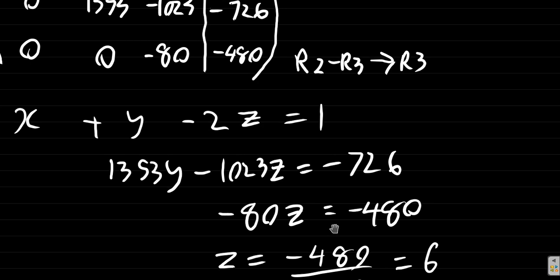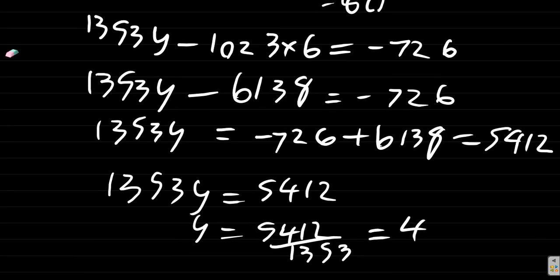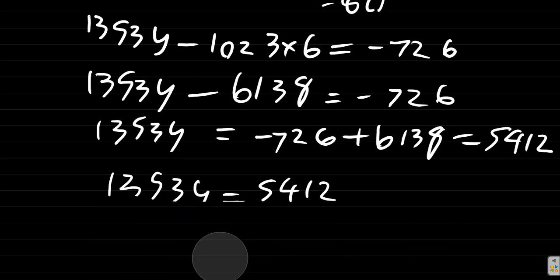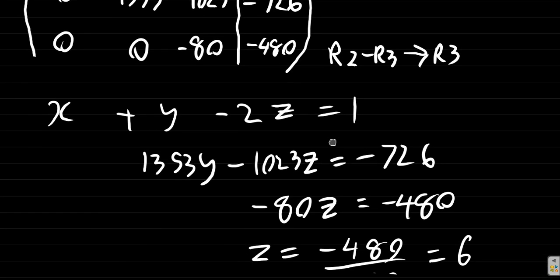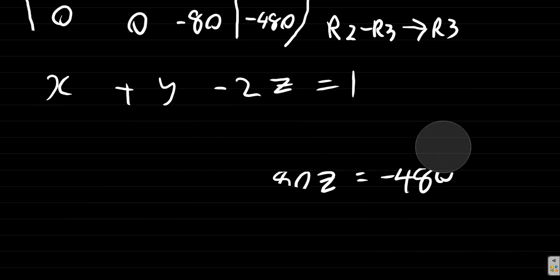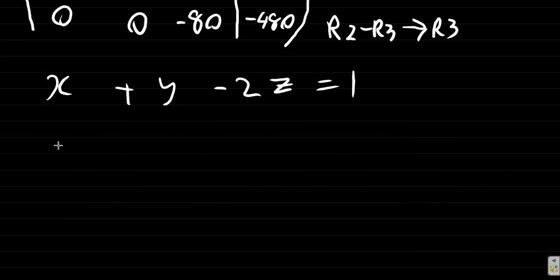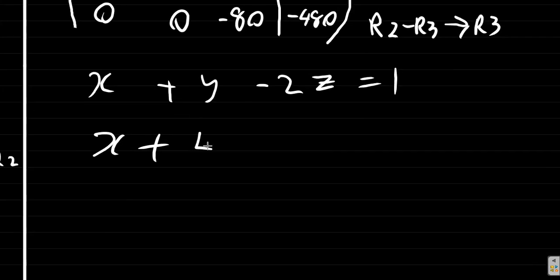x plus y. Let's just erase some of the working instead of scrolling up and down and back and forth. We already know what x and y are. So here, let's just work with this now. x plus, you say y is 4, z is 6. x plus 4 minus 2 times 6 equal 1.